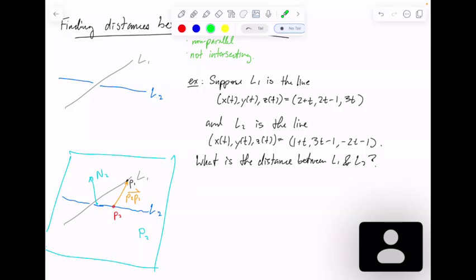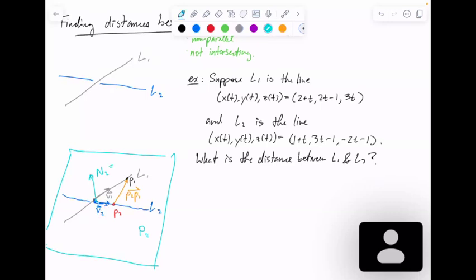So what you could do is, if I draw the direction vectors here, say here is direction v1 and here is direction v2, then I could set this to be equal to v1 cross v2, right?